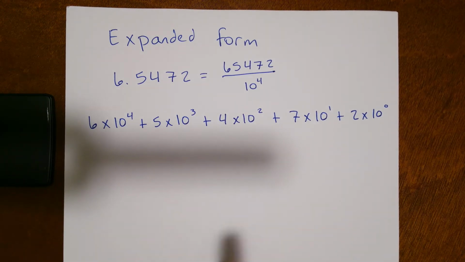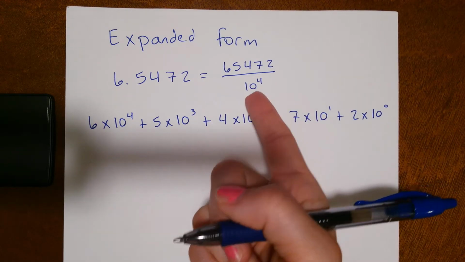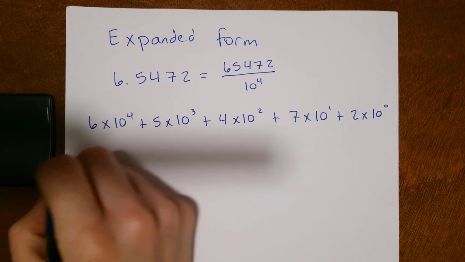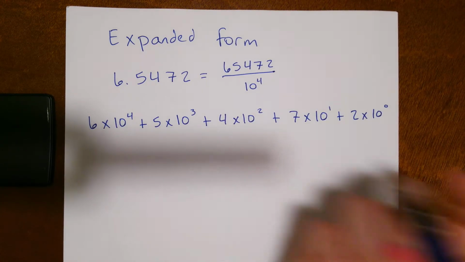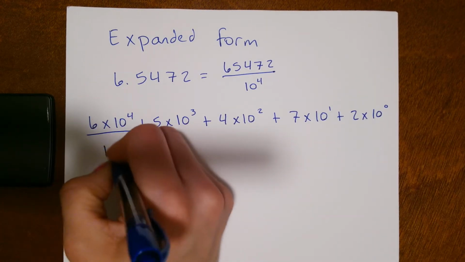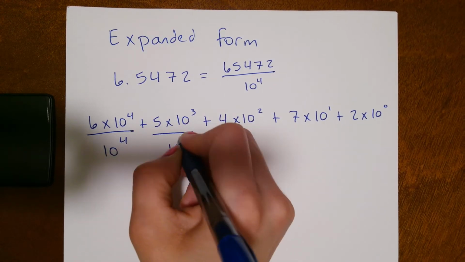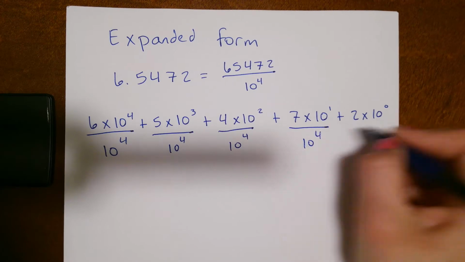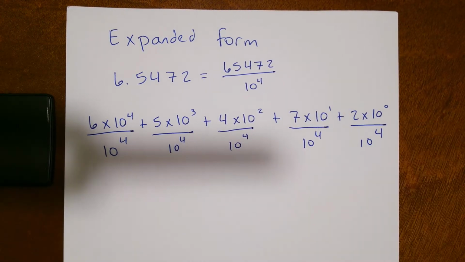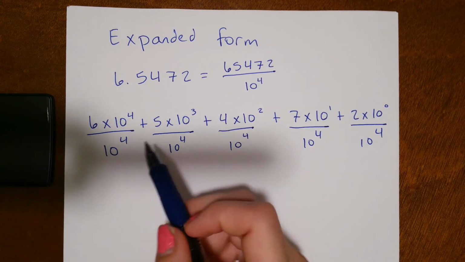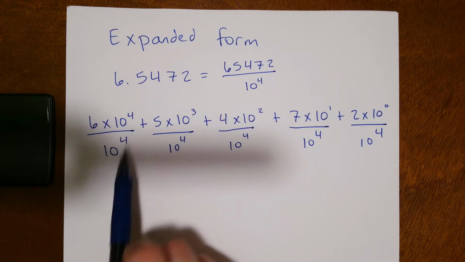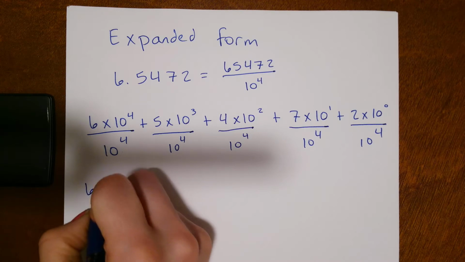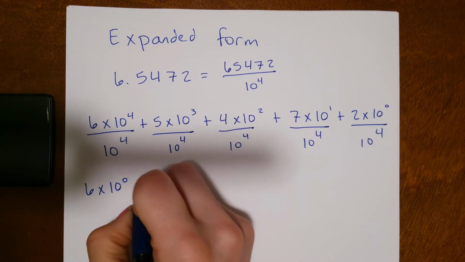So that's the whole number written in expanded form, but I still have all the values divided by 10 to the 4th power. So I'm going to divide each value by 10 to the 4th power. We do need to know a little bit of our exponent rules here. 10 to the 4th divided by 10 to the 4th, all those cancel, so I will have 10 to the 0th power.